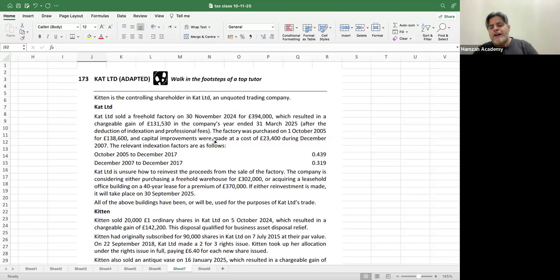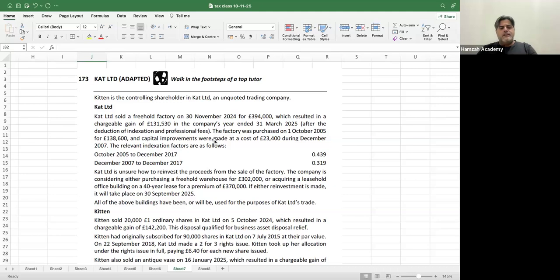All of the above buildings have been or will be used for the purposes of Kate Limited's trade. Okay. So even if we get the warehouse or the leasehold office building, they are going to be used for trade purposes. Now, this is what Kate Limited is.